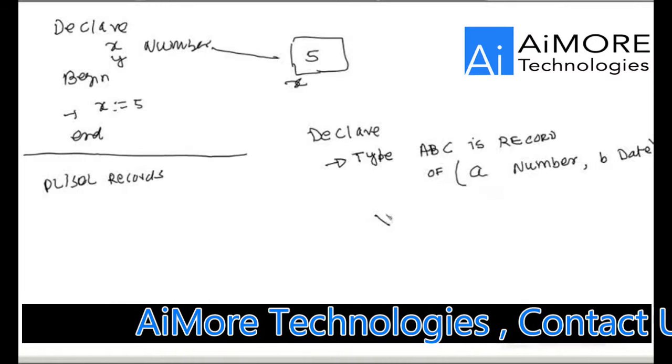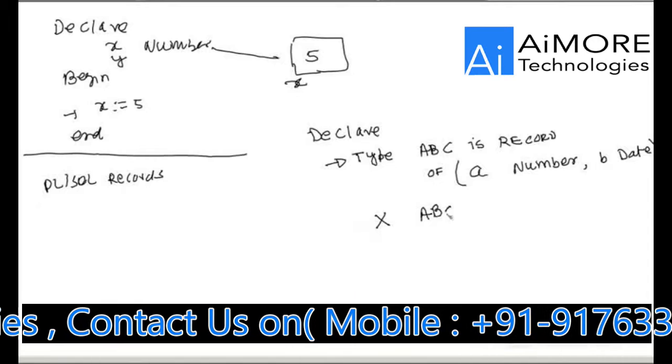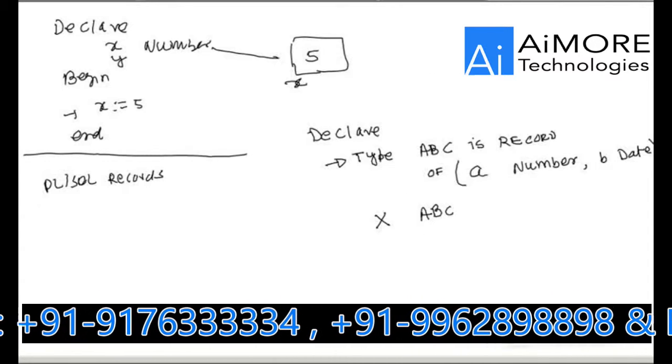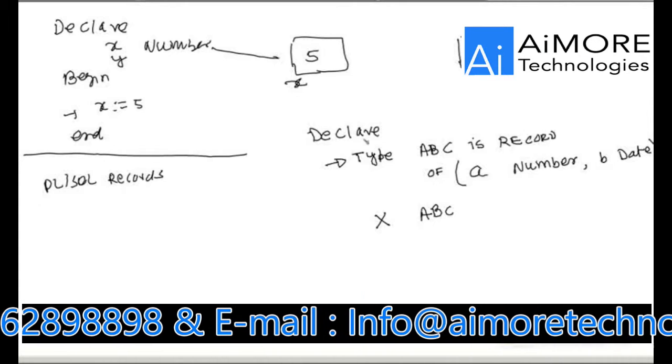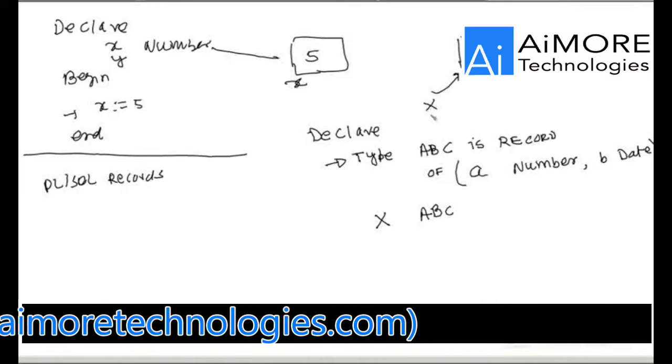Then I define x as a variable of that abstract data type ABC. So what I'm basically saying is the same analogy like this: I have a box, and that box's name is x.